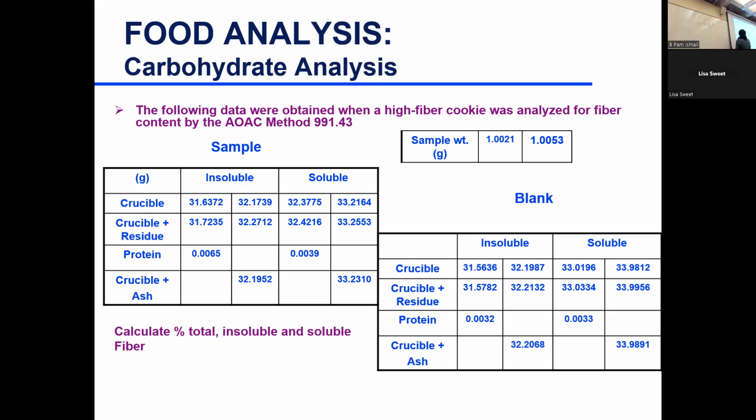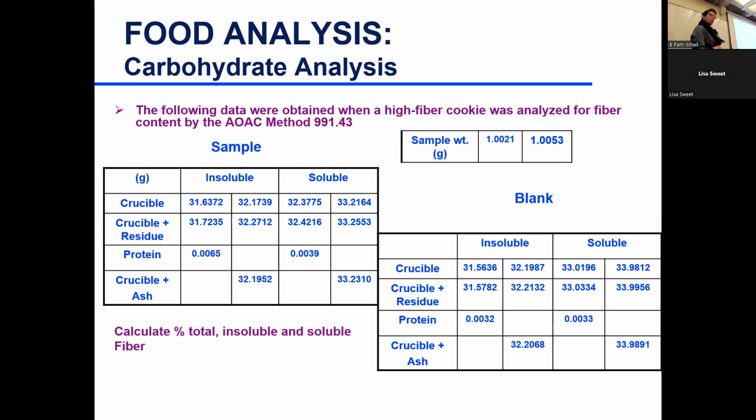And then we take the weight of the crucible plus the residue, either insoluble fiber or soluble fiber. So if you subtract the crucible from the crucible plus residue, you get the weight of the insoluble fiber and the soluble fiber.